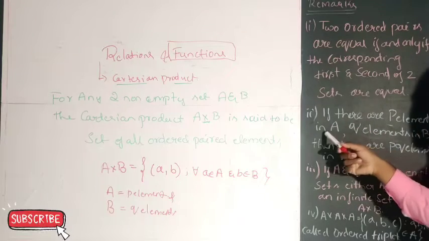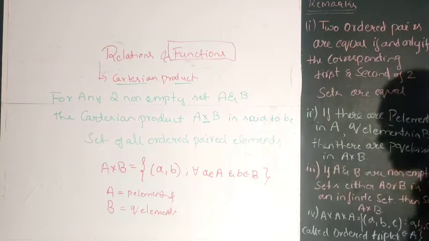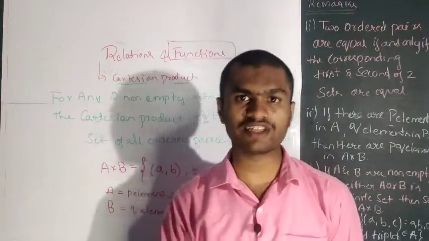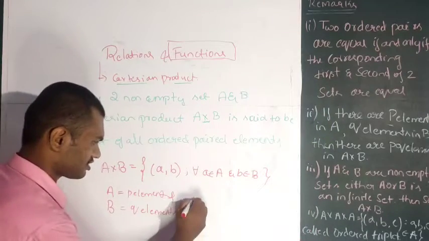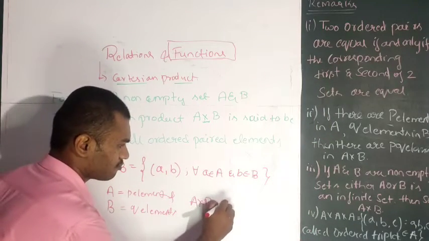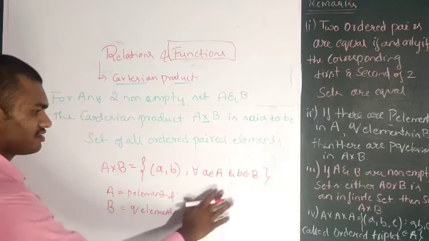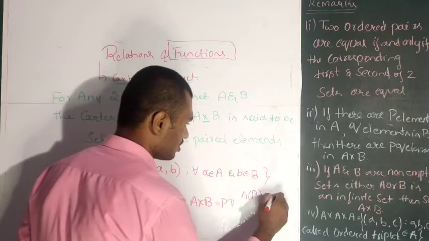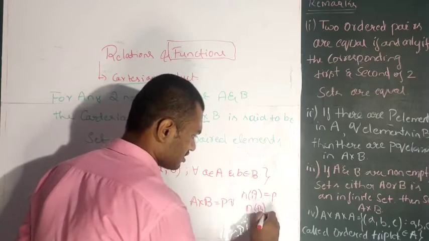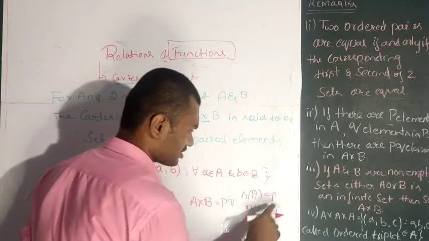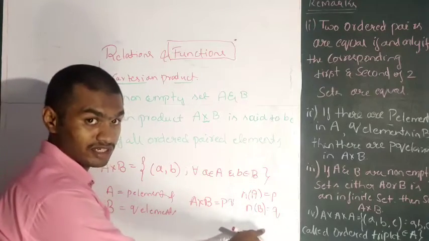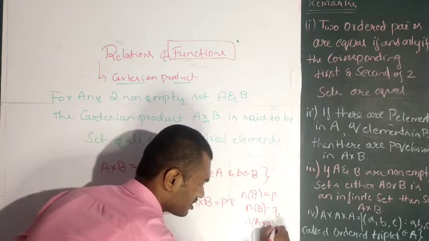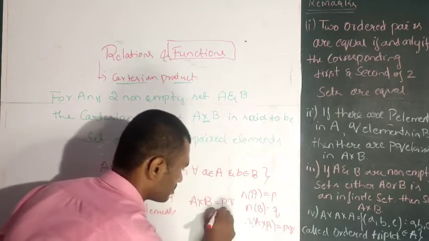If there are P elements in A and Q elements in B, then there will be PQ elements in A cross B. This is what they are saying. So I will say this in general: the number of elements in A is equal to P, the number of elements in B is equal to Q, then the number of elements in A cross B is equal to PQ.